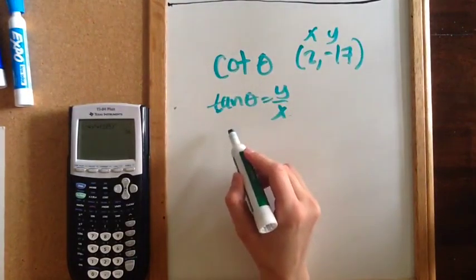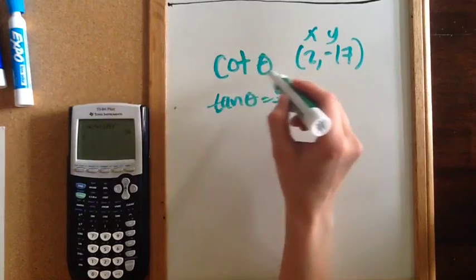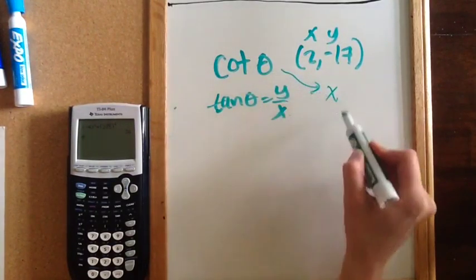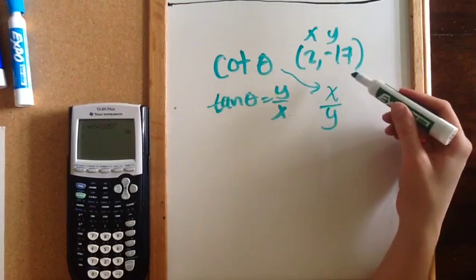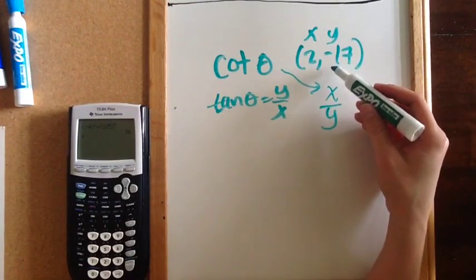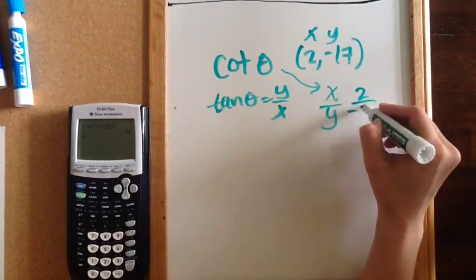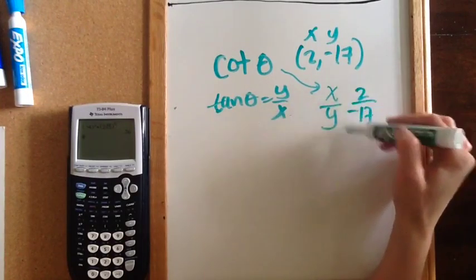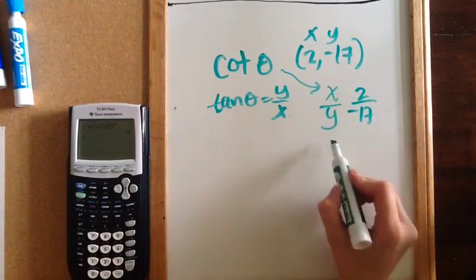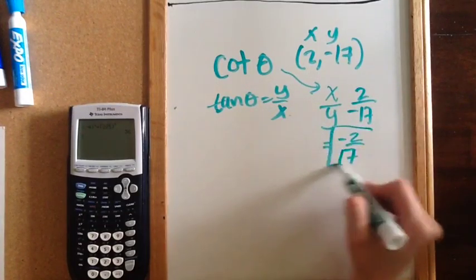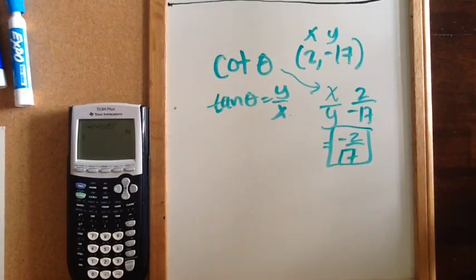The cotangent is just going to be the reciprocal of this, so we're going to look for x over y. Well, I don't even have to find r in this case, right? Because I don't need r to find my cotangent. So I'm going to do 2 over negative 17, but it's a little bit unconventional to have the negative in the denominator, so I'm just going to write it as negative 2/17. Okay? And that's my cotangent.